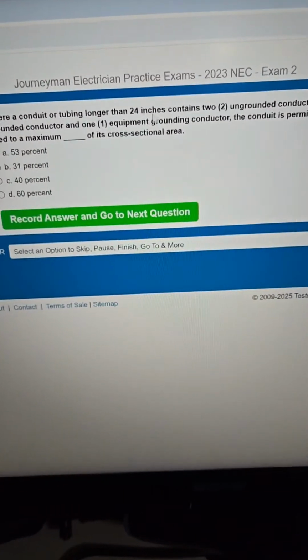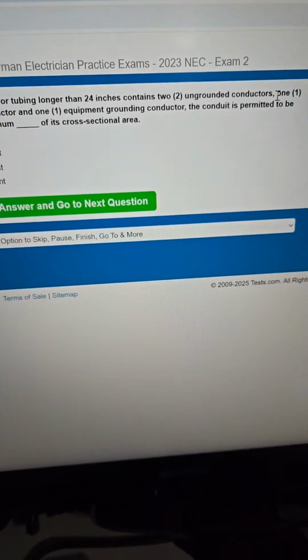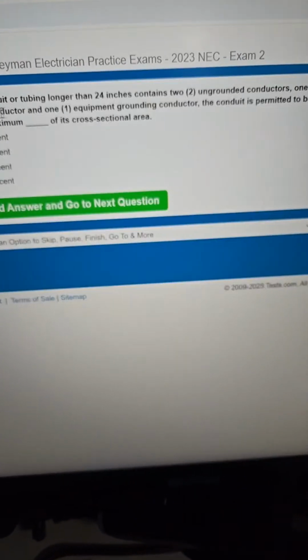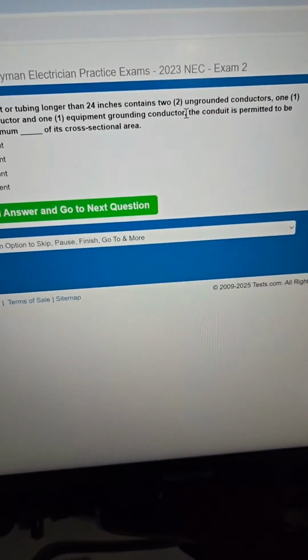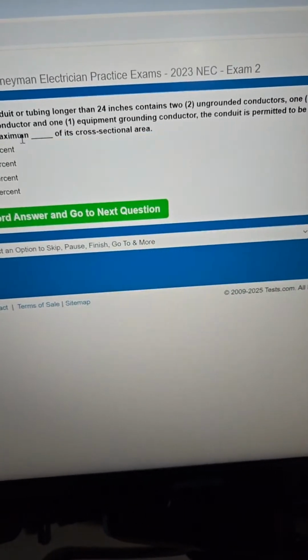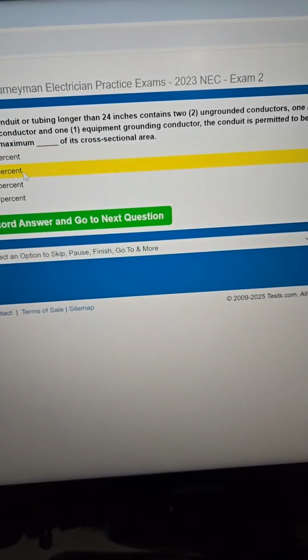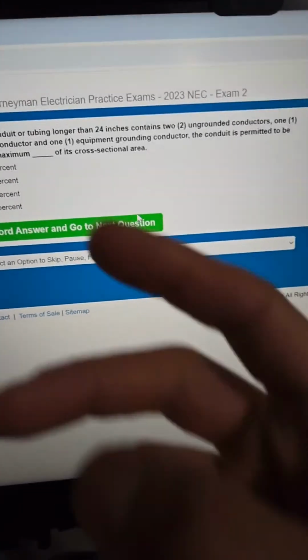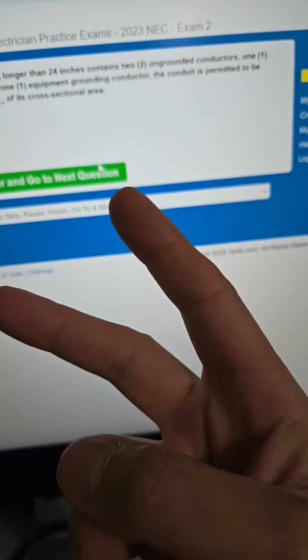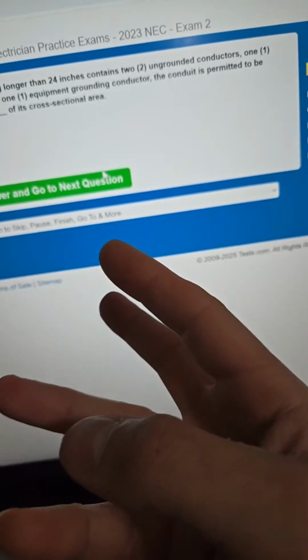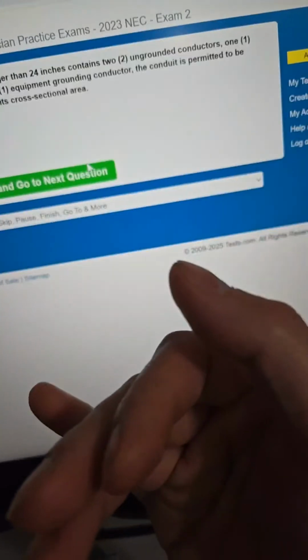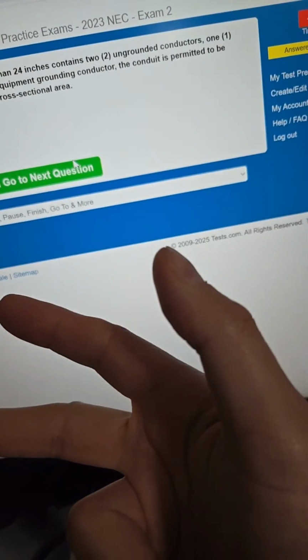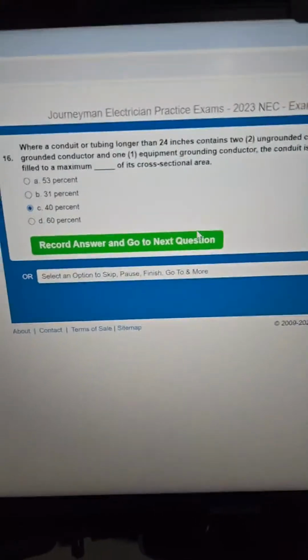Where a conduit or tubing longer than 24 inches contains 2 ungrounded conductors, 1 grounded conductor and 1 equipment ground conductor, it is permitted to be a maximum of what percent of its cross-sectional area. So we're going to be 40% because we have 2 ungrounded conductors, 1 grounded neutral, and then we have an equipment ground. So that's going to be 3 current carrying conductors, potentially.